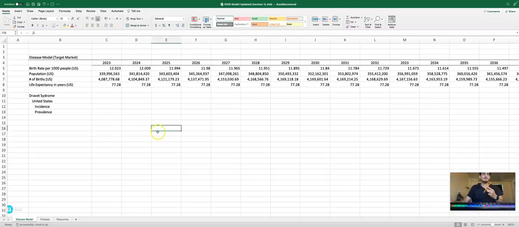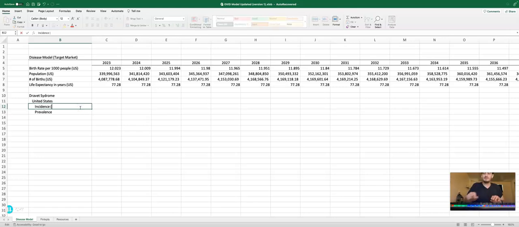This is actually going to be very important. Okay, so let's start with the prevalence, let's start with the incidence in the United States. So LGS incidence in the US is estimated to be between 0.1 to 0.28 per 100,000 people.